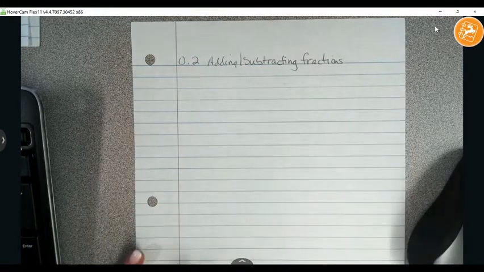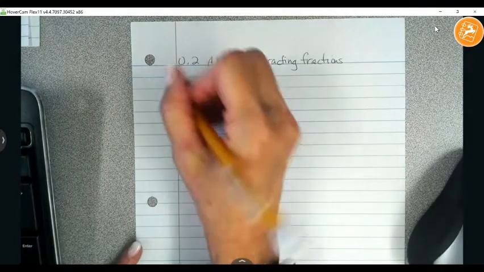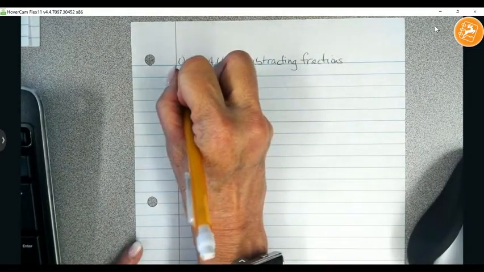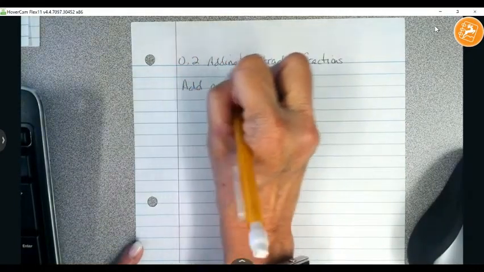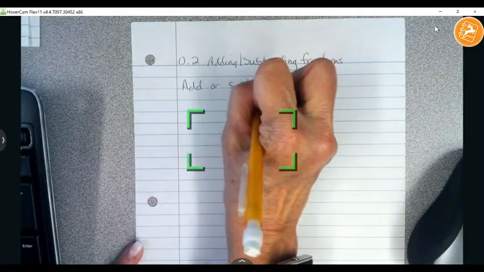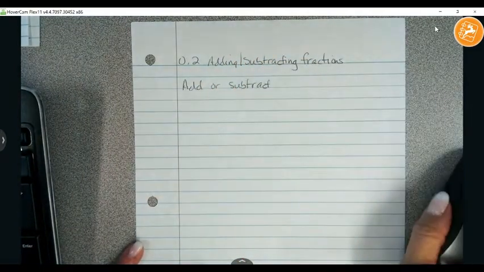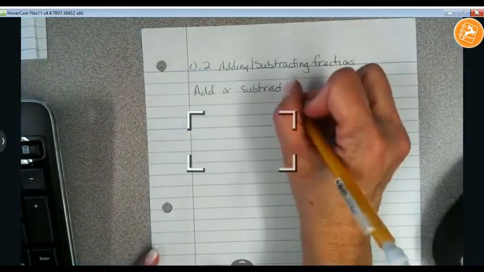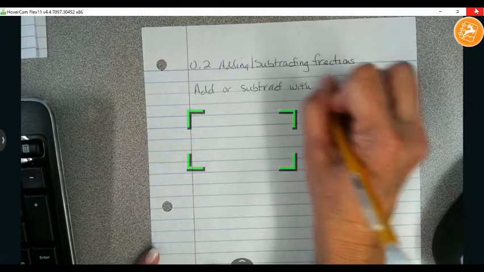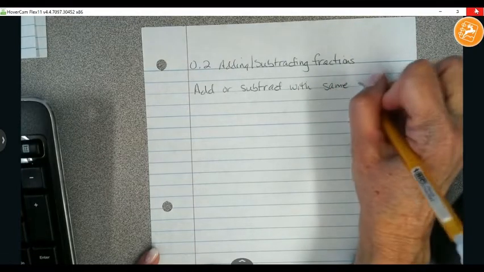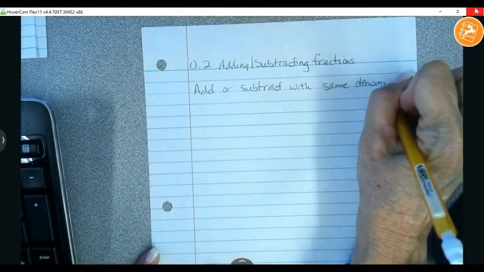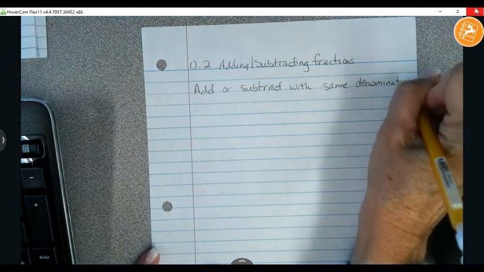First thing we're going to talk about is to add or subtract with the same denominator.